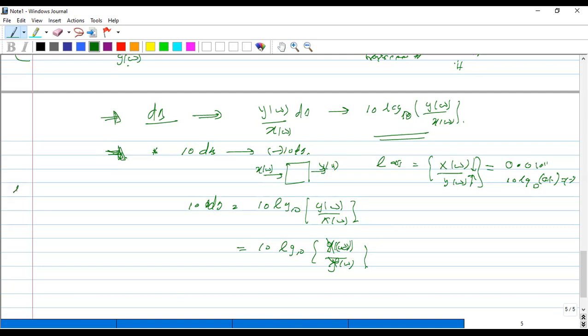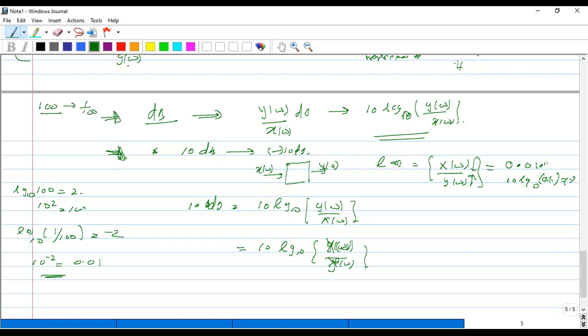You know that log 10 to the power 100 is equal to 2, since 10 to the power 2 is equal to 100. Then log of 1 divided by 100, what is the value? It will be minus 2, since 10 to the power minus 2 is equal to 0.01. So here it is the reciprocal.